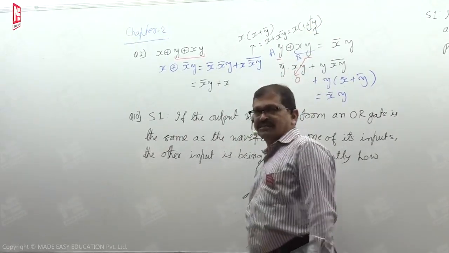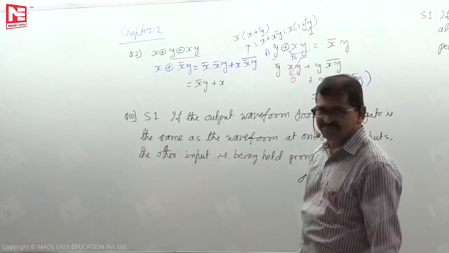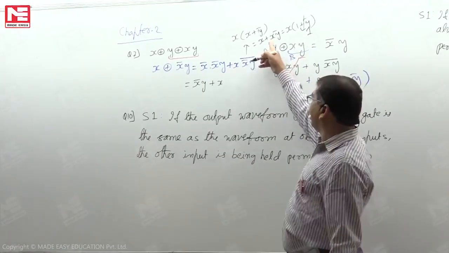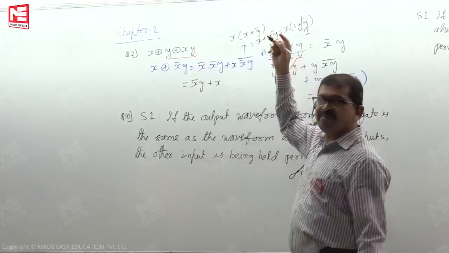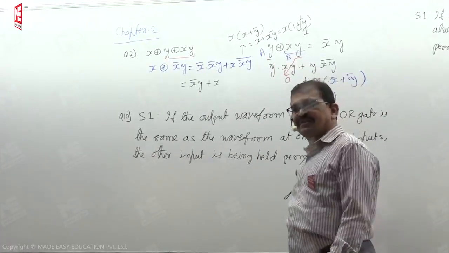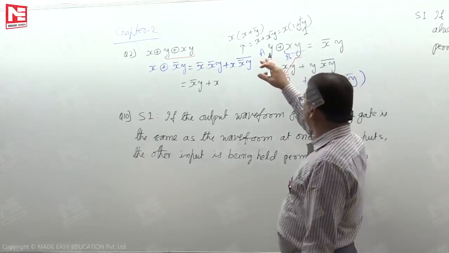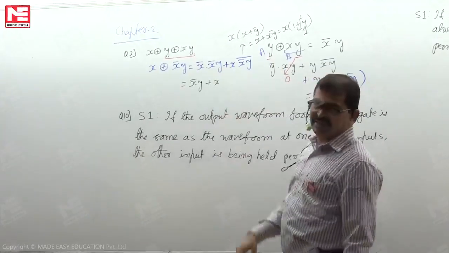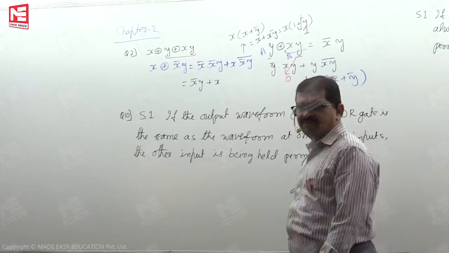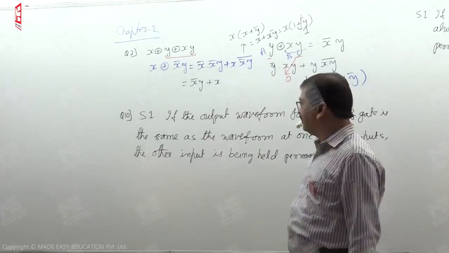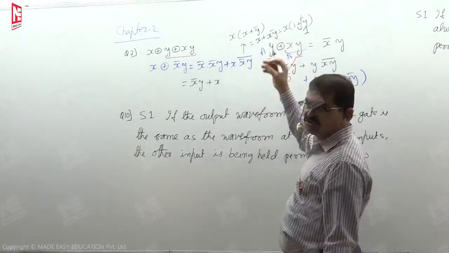Such practice is expected from the properties. When I have X or with XY bar, one of the properties we mentioned in our list, probably property number 8, you must be in a position to write directly as X. If you have good practice, you can cut down the time. Otherwise, of course, you need to spend a little time.